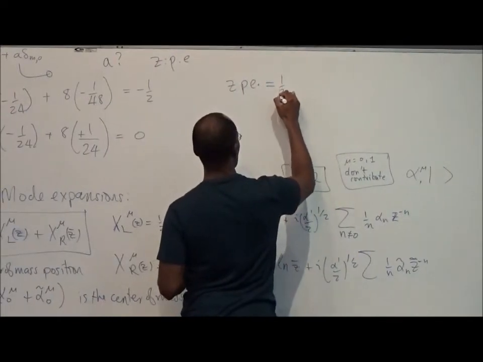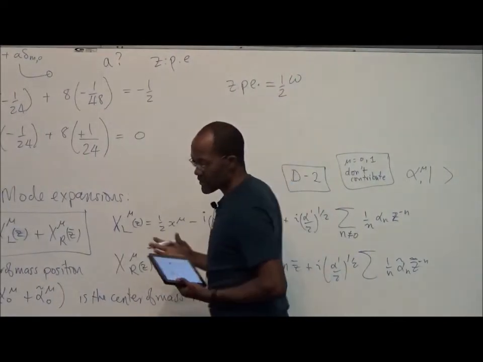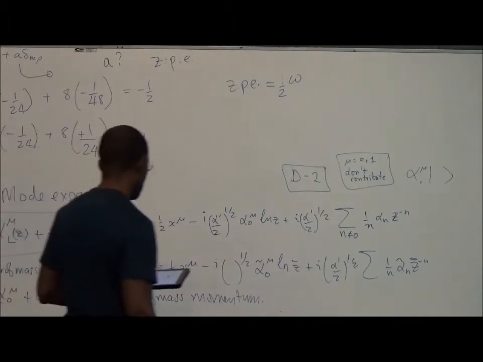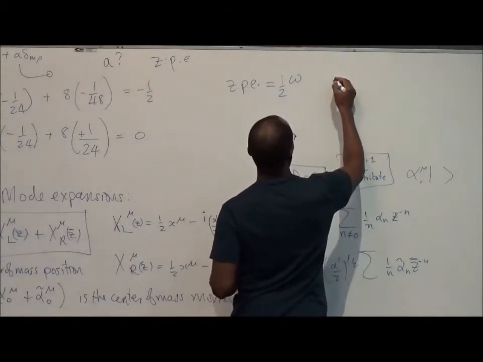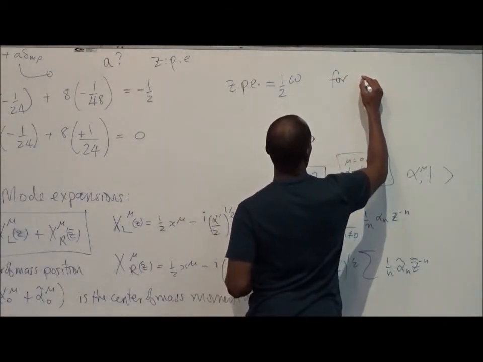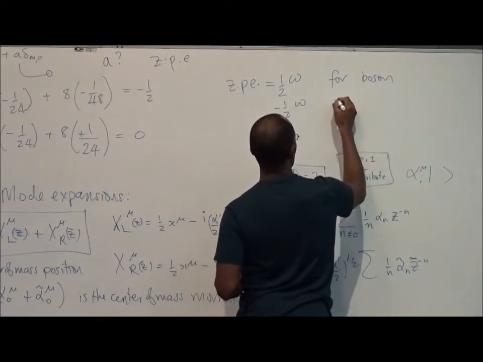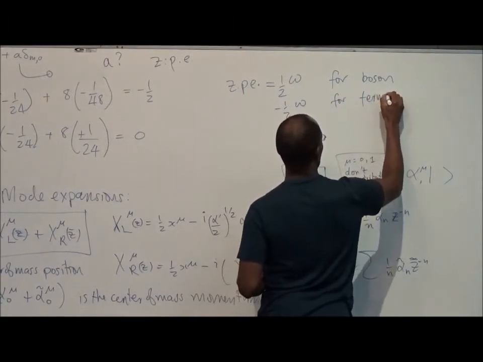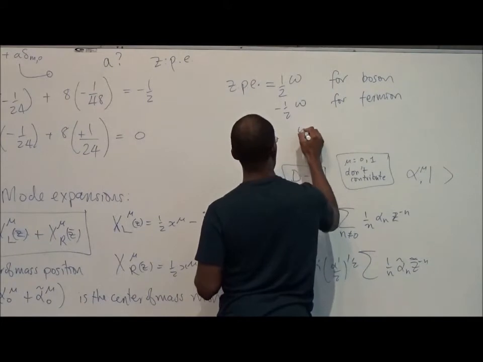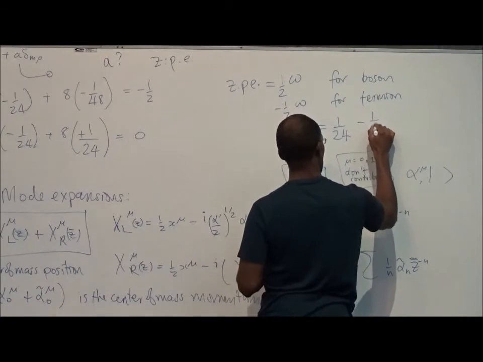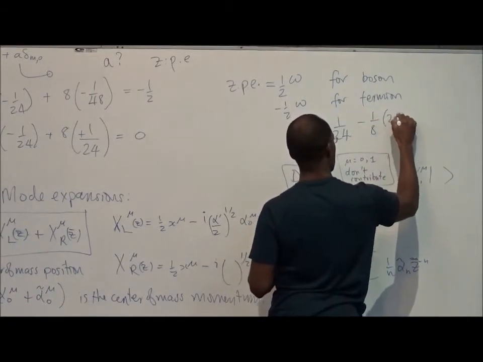In general, I have something that I can always write as half h bar omega as my zero-point energy, and h bar is 1, so just half omega. It's either that for a boson, or minus 1/2 omega for a fermion. And then I can give you a slightly more general formula, which we're going to use later on, I hope, if we get there.